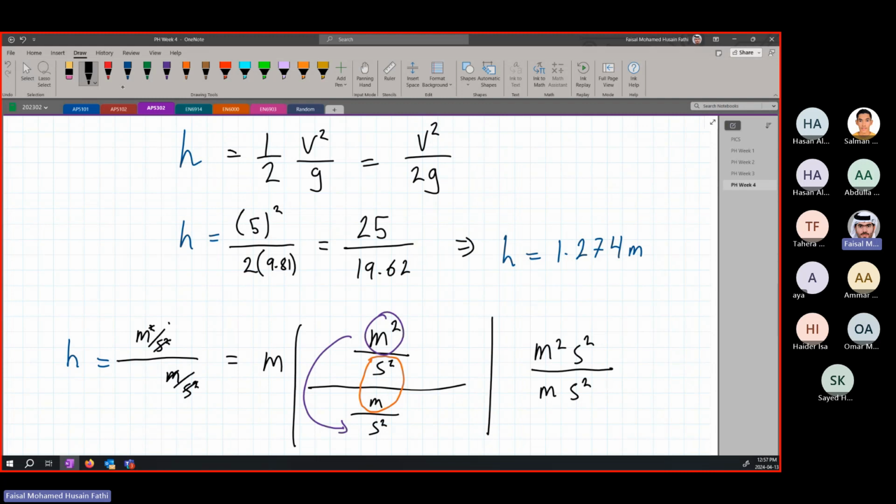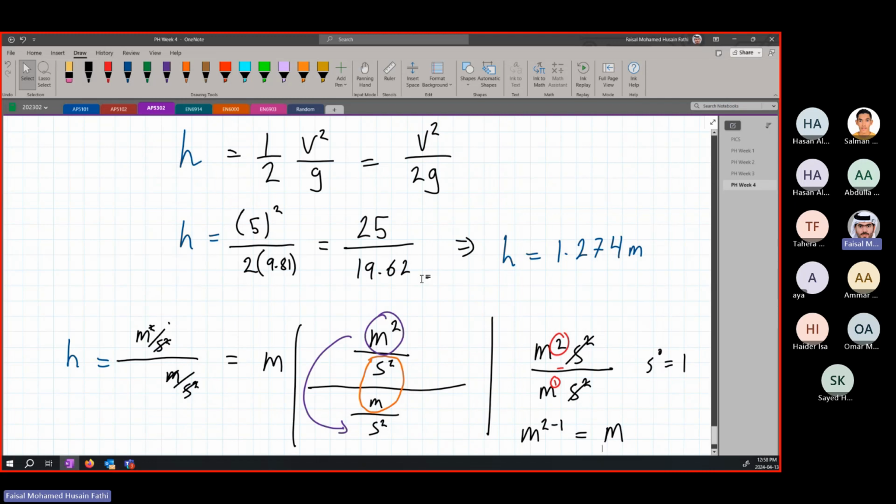If you remember from your math again, algebraic fractions, second squared and second squared will cancel completely because it's 2 minus 2, which is 0. So s to the power of 0 is equal to 1. And then you have here again the same thing, 2 minus 1 for the meters, which is simply equal to meters. Okay, this is just to explain to you how we are coming to these units.